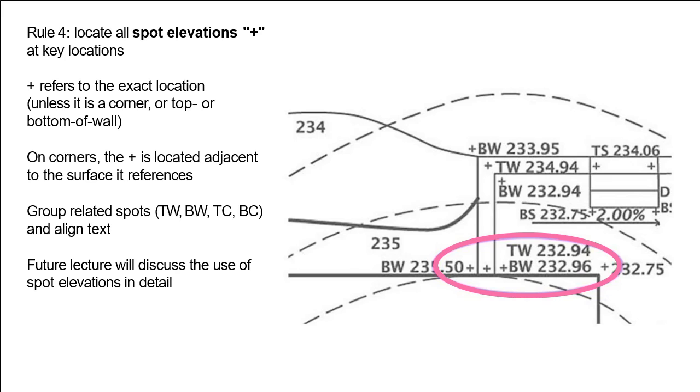One of the challenges you will find is getting all these spot elevations to show up in a logical manner. And we will talk more about how to align these so that they read well. In fact, we have quite a few more lectures where we're going to be talking about spot elevations. But for right now, you simply need to understand for this exercise, spot elevations for a structure are going to be on the ground adjacent to the structure.